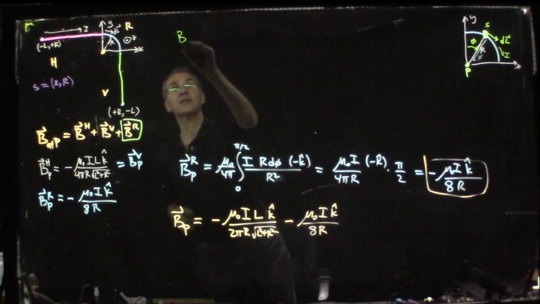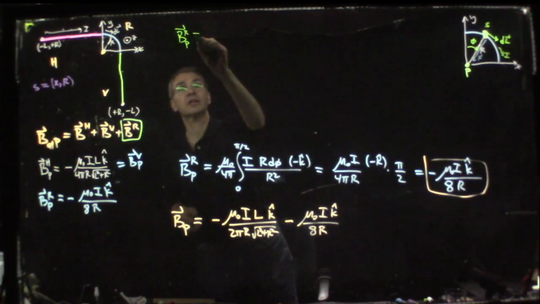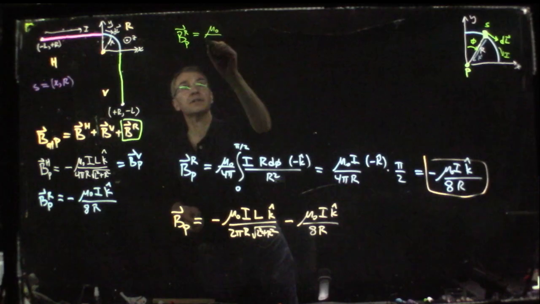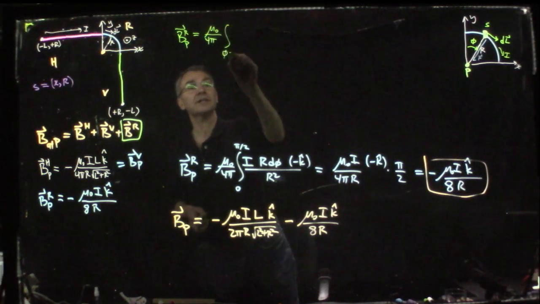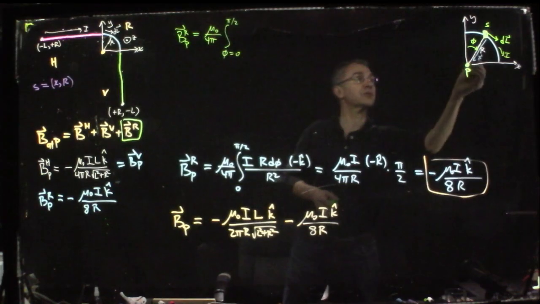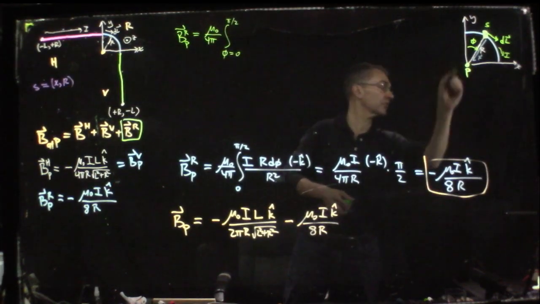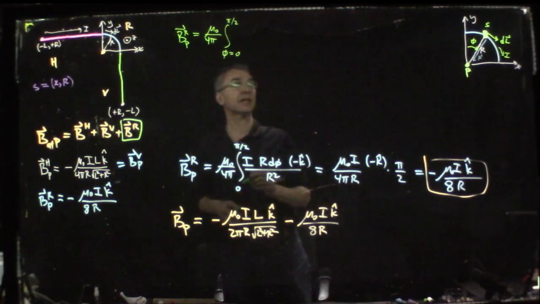So the magnetic field at point P for this curved segment is mu naught over 4 pi times the integral, phi equals 0 to pi over 2, because we're measuring phi from the y-axis clockwise. That just lets me do a positive d phi.